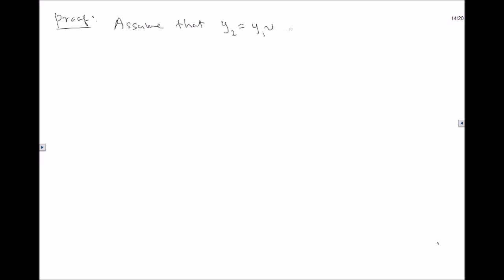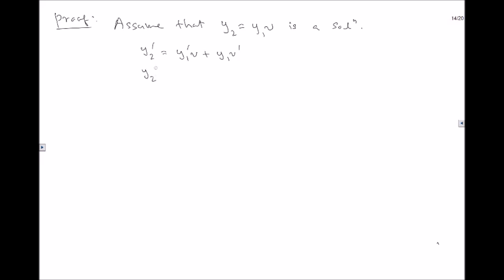We're going to make this assumption, that the product y1 v is a solution. If this is a solution, we can take the derivatives and plug into the equation. The first derivative y2 prime, by the product rule, is y1 prime v plus y1 v prime.